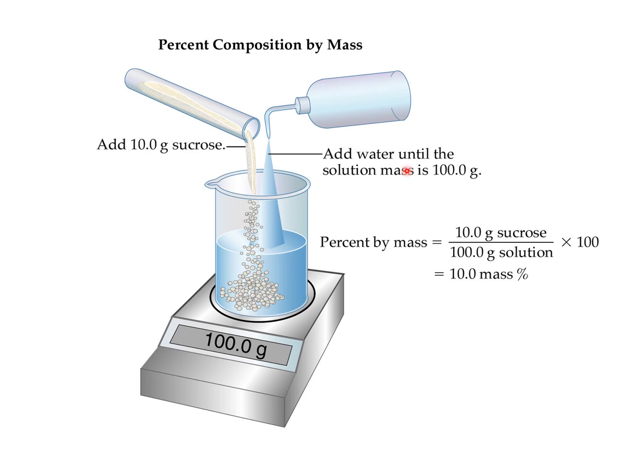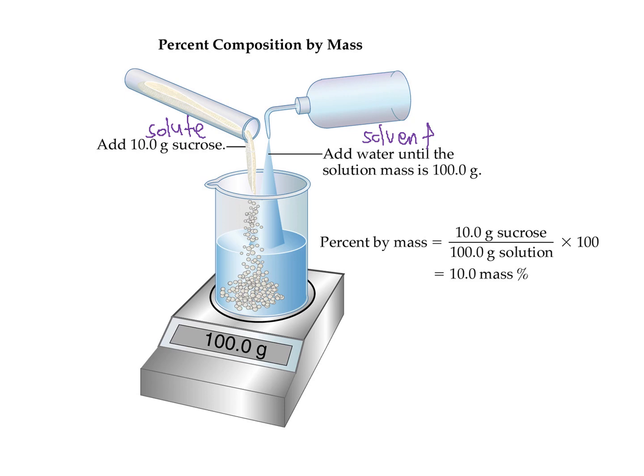Okey, contohnya macam mana nak kira percentage composition by mass. If given this picture, this figure, how do you figure it out? Okay, you nampak tak kat sini sucrose dia ditambah dengan air. So, dia membentuk sucrose solution di sini. So, kat sini sucrose adalah solute, water adalah solvent.